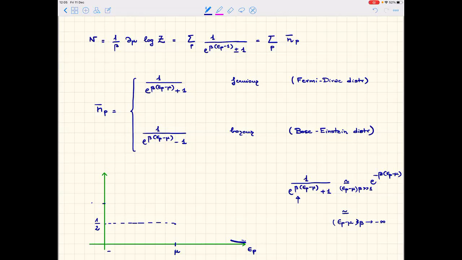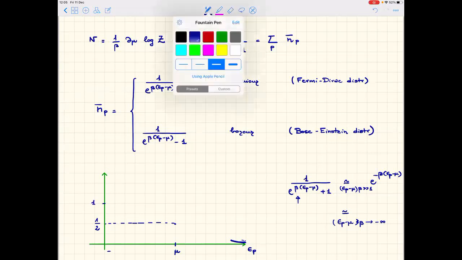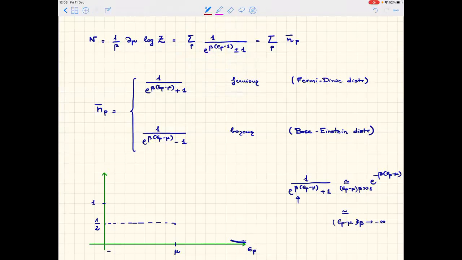So I will have something that is 1 up to a certain point, and then it behaves this way, and then eventually goes to 0 exponentially fast on this side. It's important to keep in mind that here it's exponential of minus beta (epsilon_p minus mu).